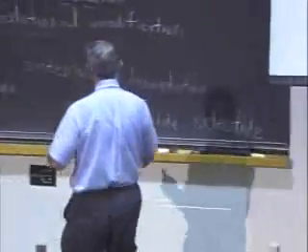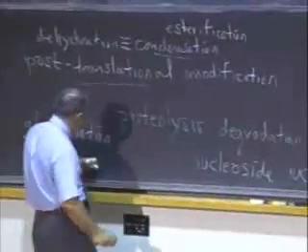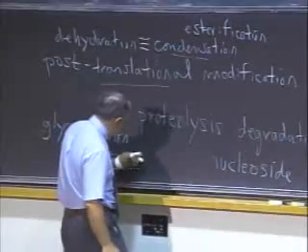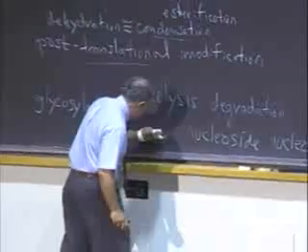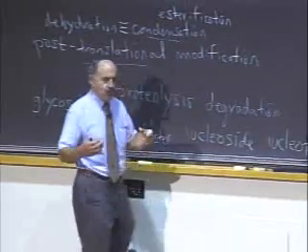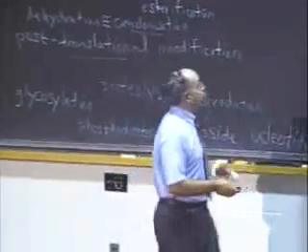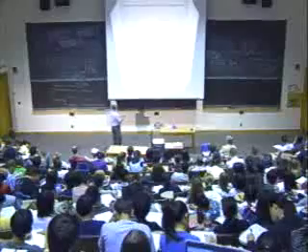So that requires an investment of energy, and the resulting linkage which is formed is sometimes called a phosphodiester linkage. Why phosphodiester? Well, obviously it's phospho, and there actually are two esterifications occurring here. If we look at one of these phosphodiester bonds, we see that an ester linkage has been made with this hydroxyl, and an ester linkage has been made with this hydroxyl.